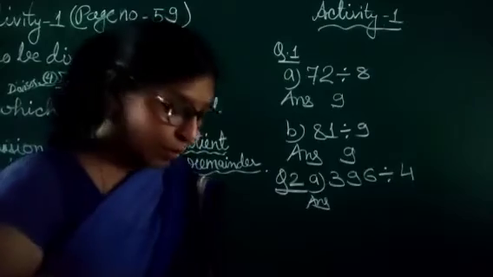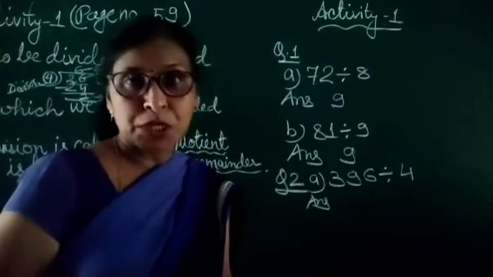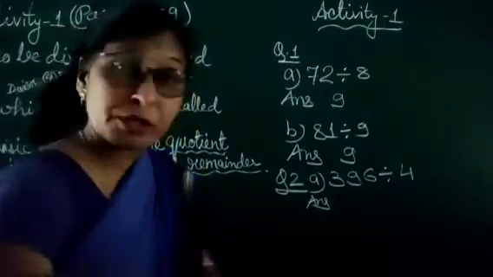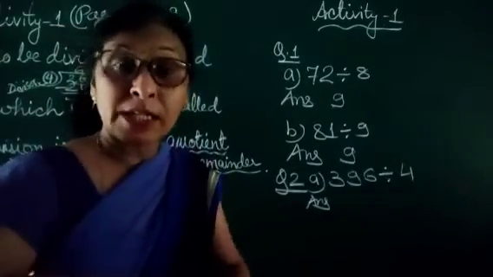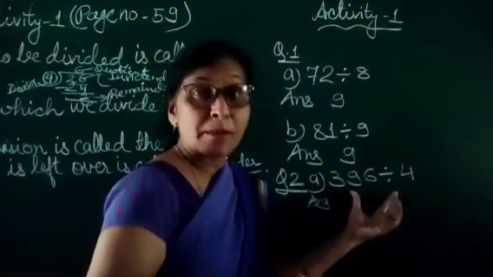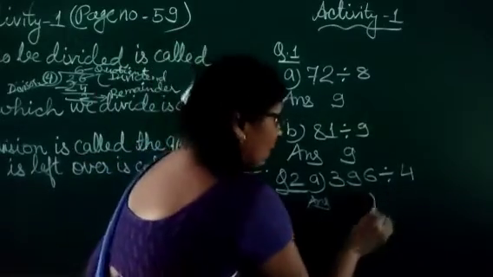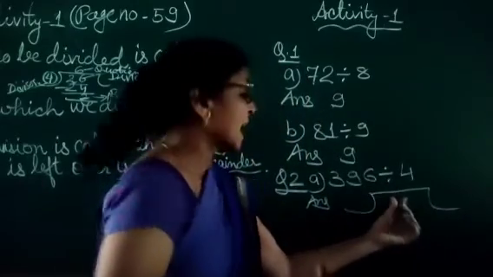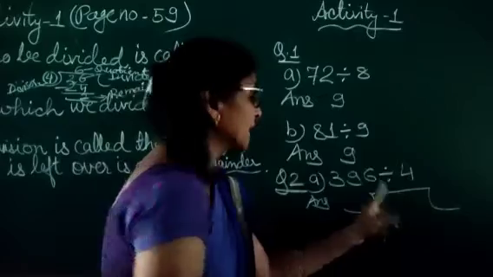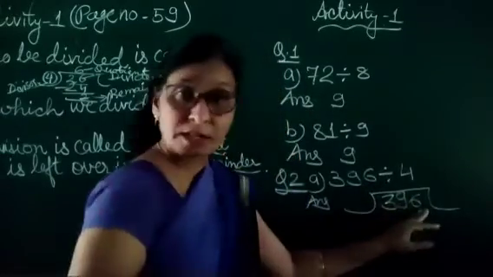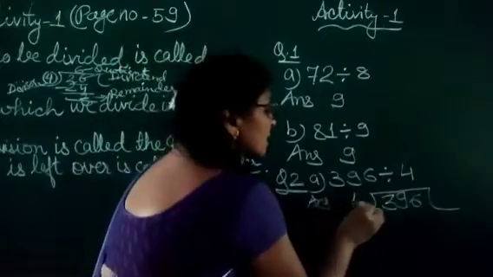Now question number 2 is find the quotient by long division method. Children, you have studied in class 3 how we do long division. First, we write this symbol, and we write the dividend here. 396 is the dividend and 4 is the divisor.